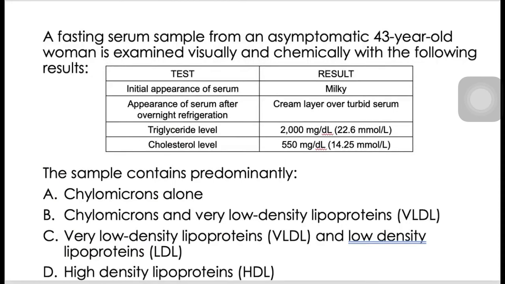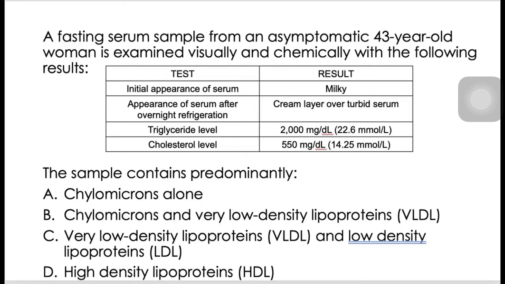Okay, a fasting serum sample from an asymptomatic 43-year-old woman is examined visually and chemically with the following result. So, initial appearance po of the serum is milky. Appearance of serum after overnight refrigeration, nag-form siya ng floating creamy layer. And then, pero the sample here, hindi na clear yung kanyang supernatant. No?